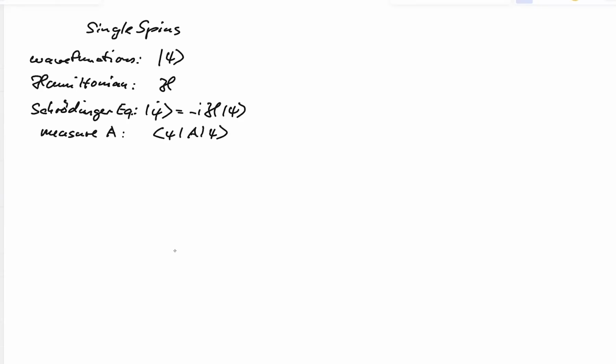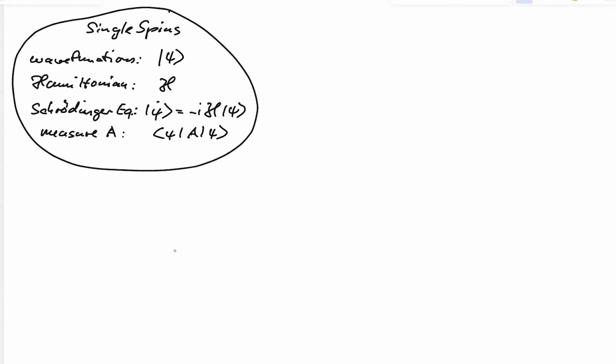So we have this single spin, and this is one way to describe the theory. And then we have the problem that we can describe here, in principle, only one spin. And when we have many identical spins, then we have to think of a different formalism. So we have so-called spin ensembles.